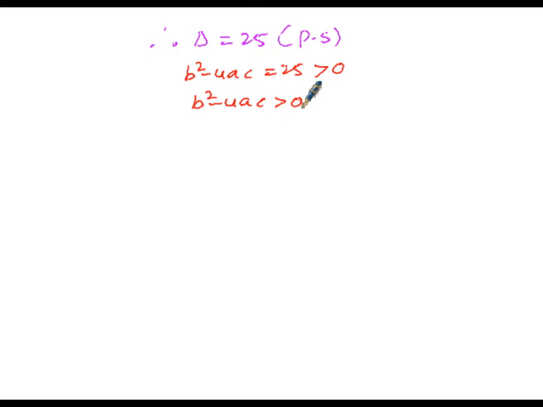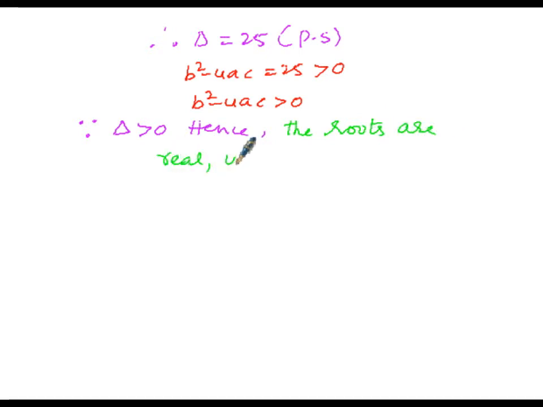Since delta is greater than 0, hence the roots are real, unequal, and since it is a perfect square, we can say they are rational.